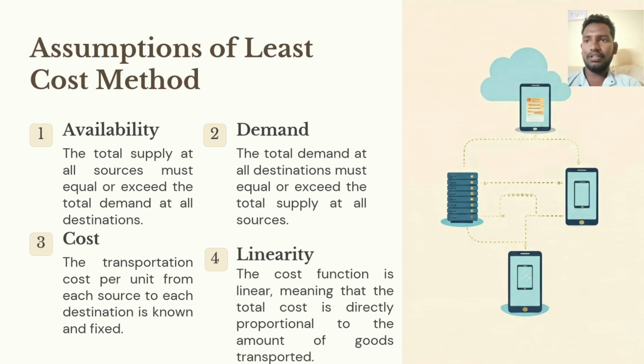Cost: the transportation cost per unit from each source to each destination is known and fixed. Linearity: the cost function is linear, meaning that the total cost is directly proportional to the amount of goods transported.